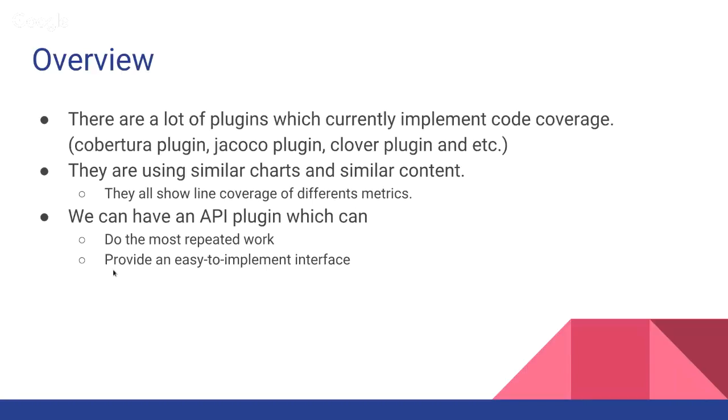So it is best if we can have an API plugin which can do the most repeated work for them, like parsing reports, showing coverage results in the result page, and processing failed conditions and thresholds.